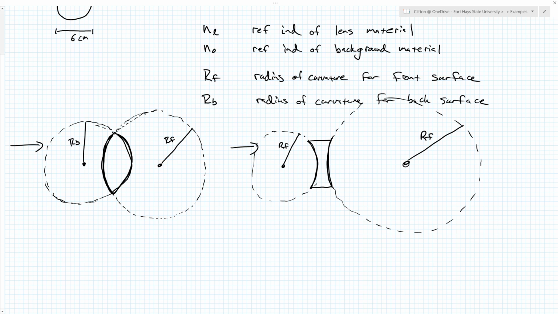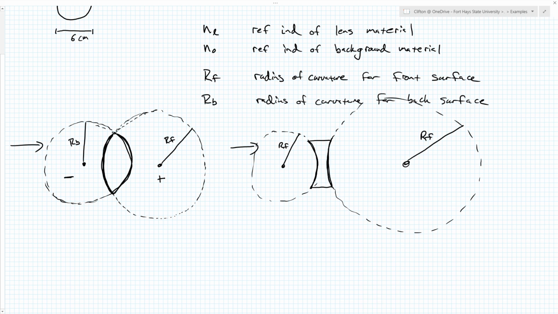If the center of the sphere that I have drawn here, so let's look at the front surface for this convex lens, so this surface here, if the center of the sphere, which is this one here, is on the side of the lens that light rays are going to go to, then it's a positive radius of curvature. If the center of the sphere is on the side of the lens that light rays are coming from, so if I look at the back surface, here's the sphere for the back surface, it has a negative radius of curvature. And that's true for convex and concave lenses.